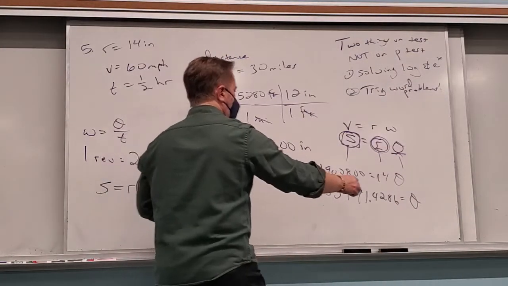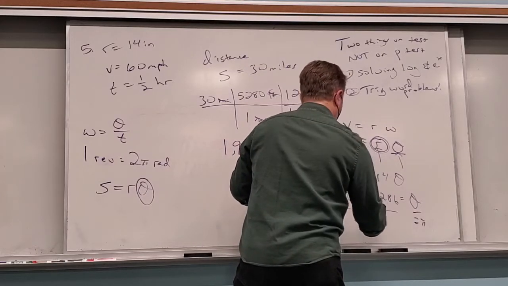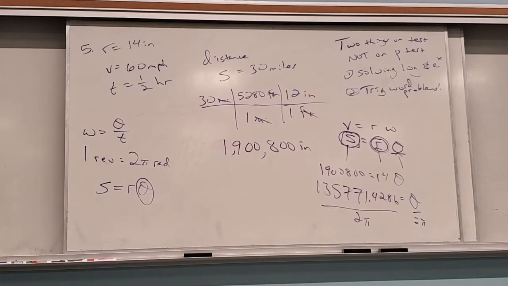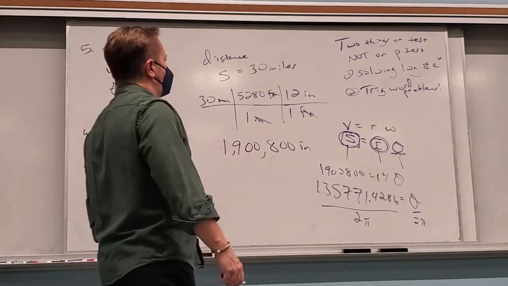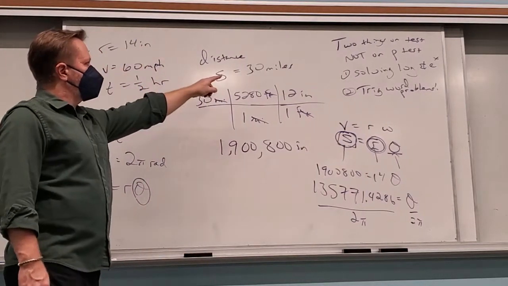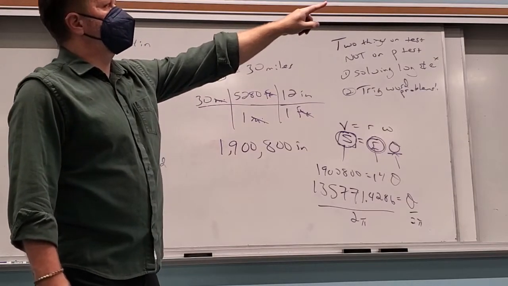So if I divide this by 2 pi, I will get how many revolutions that is. You gotta be really careful, divided by parentheses 2 pi. So this tire, if we have a 14-inch radius tire and we go 30 miles, it will revolve 21,608.7 times roughly.